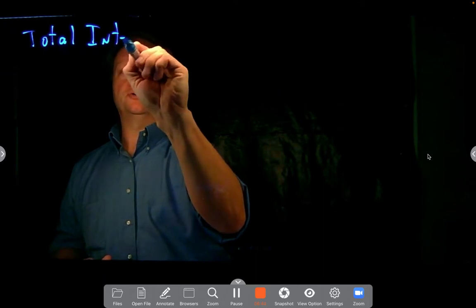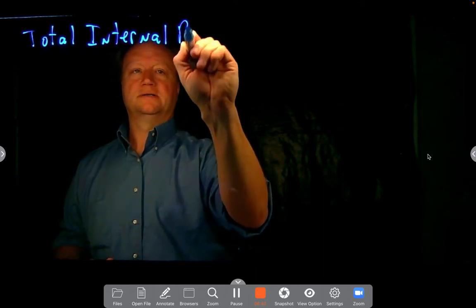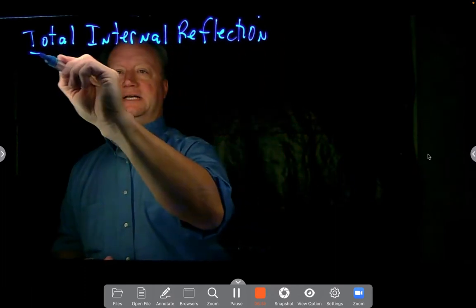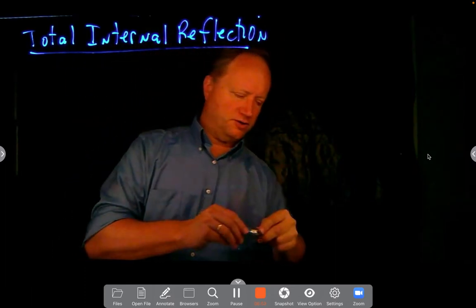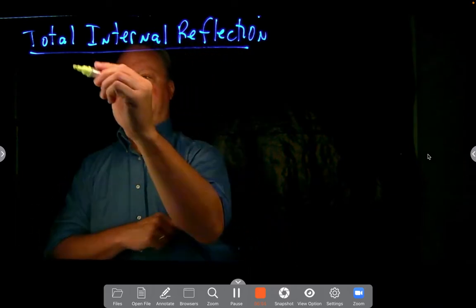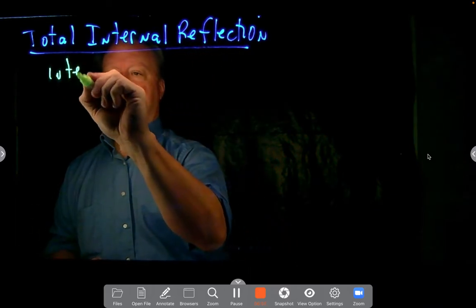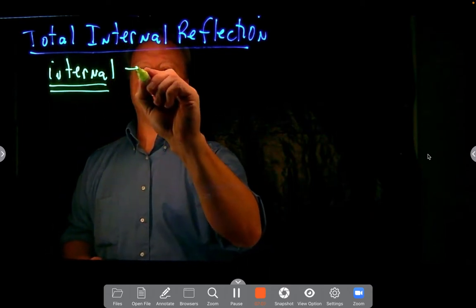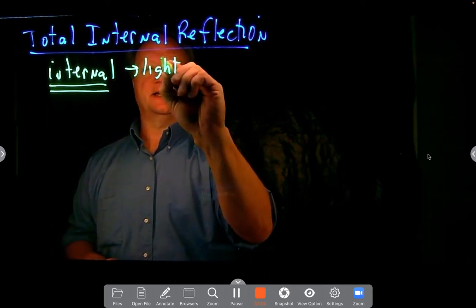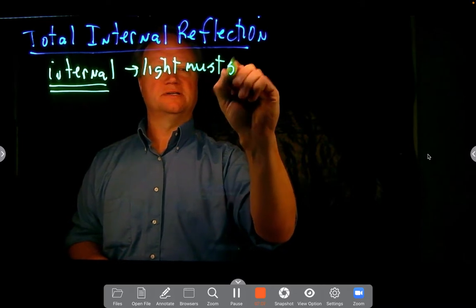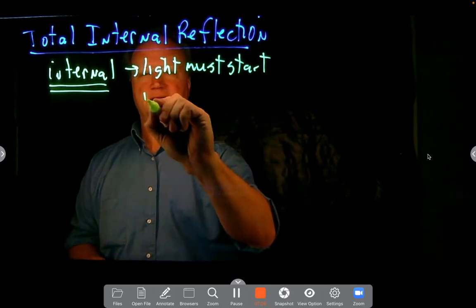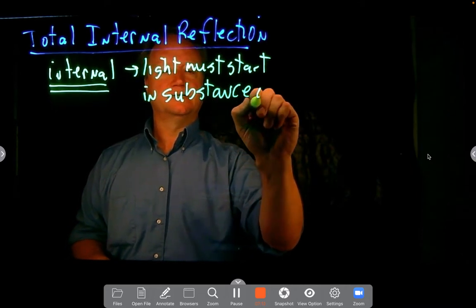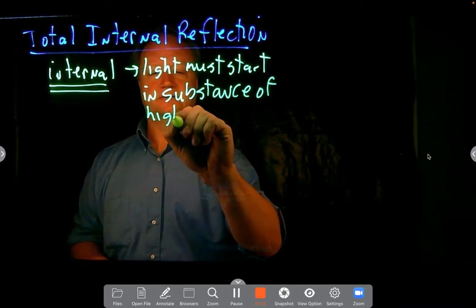So total internal reflection. It is, first of all, internal. And internal, as we said, means the light must start in the substance of the higher n value.